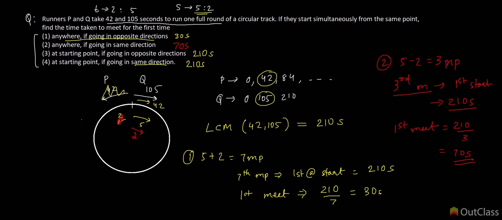Now, as I said before, there are many different ways of solving circular track questions. The prime reason that I favor the approach using lap time, which we have seen here, is that if you have the length of the track as well as the speeds of the people instead of lap time, it would be possible for you to find the lap time from there and then apply this method.